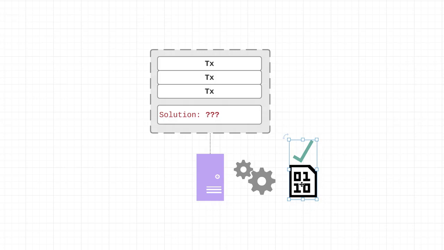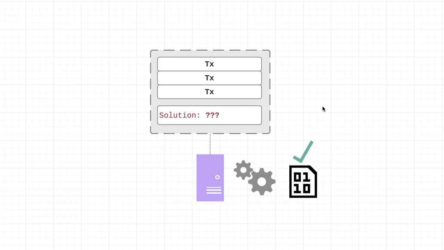And by the way, even though you couldn't see, I had quotes around "prove" and "work" in that sense, and that's because this process of trying to solve this puzzle is called proof of work. So to produce a valid block, a node not only needs to validate a list of transactions, but also provide a correct solution to this difficult puzzle.